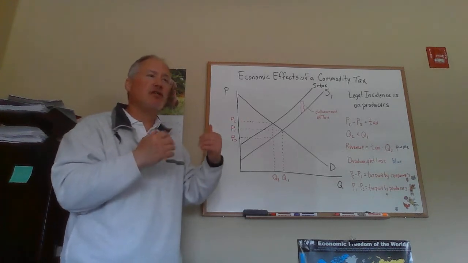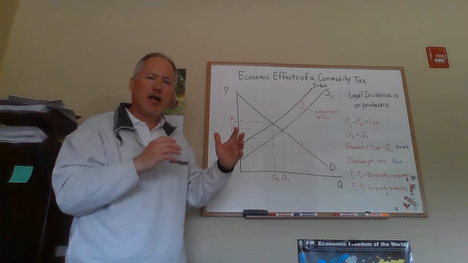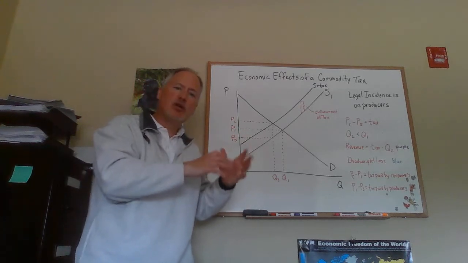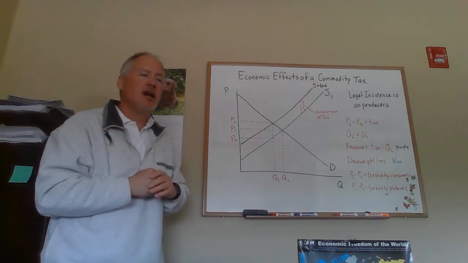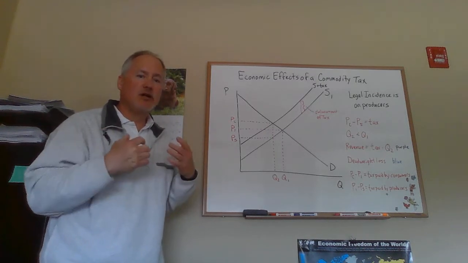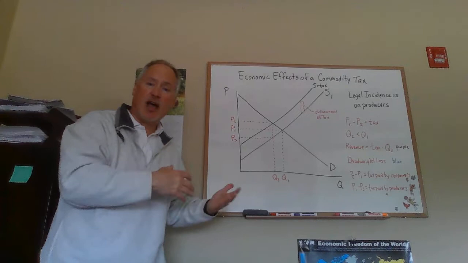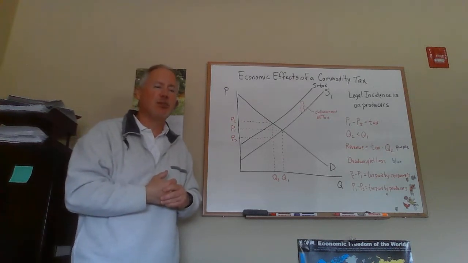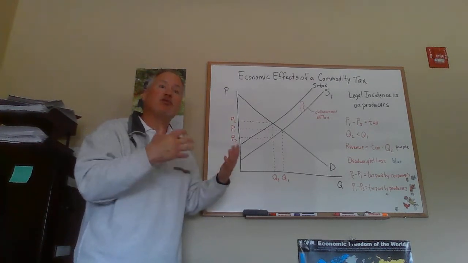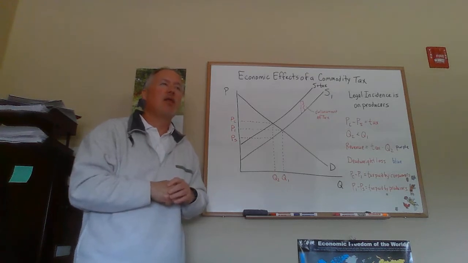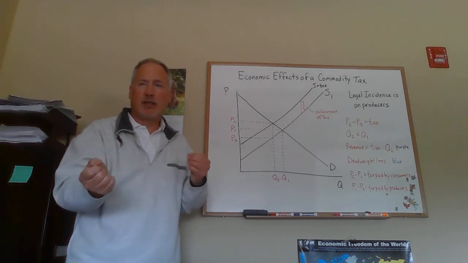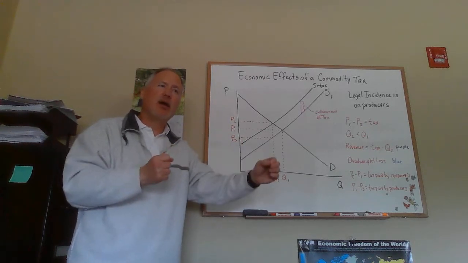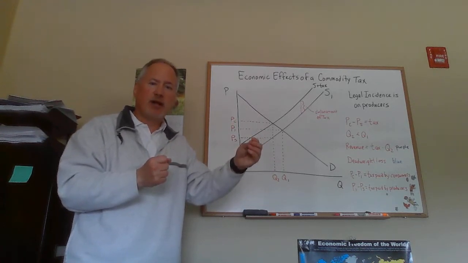So what we're going to do is think of a case where there's no tax on this good, and now we're going to put a tax on the good. Since the tax will cause the supply curve to shift to the left, because supply will be reduced by the tax, we can look at the equilibrium before the tax is in place and compare it to the equilibrium with the tax in place.